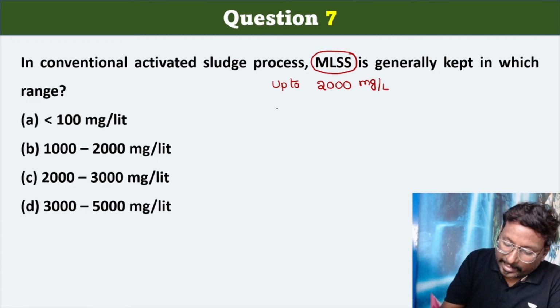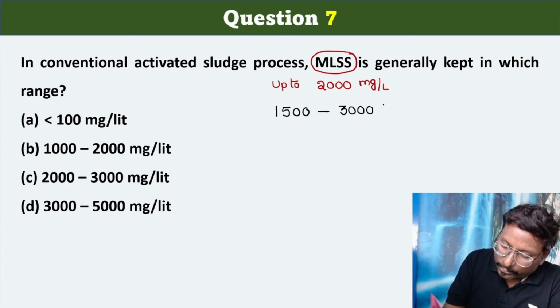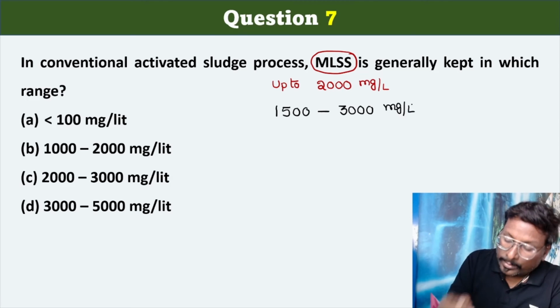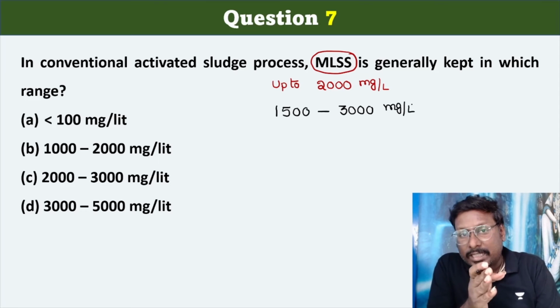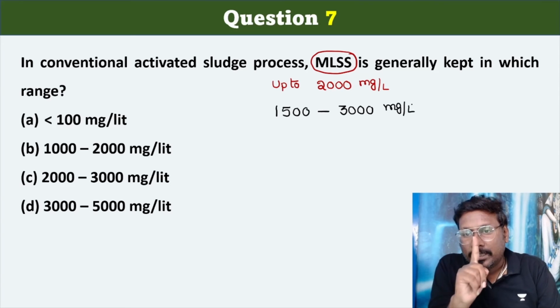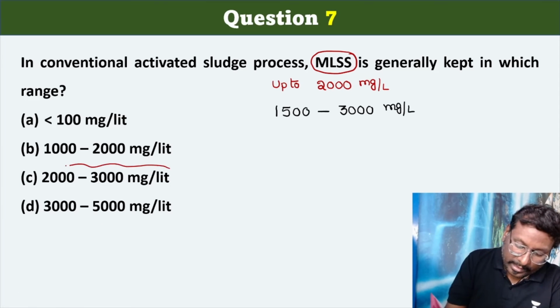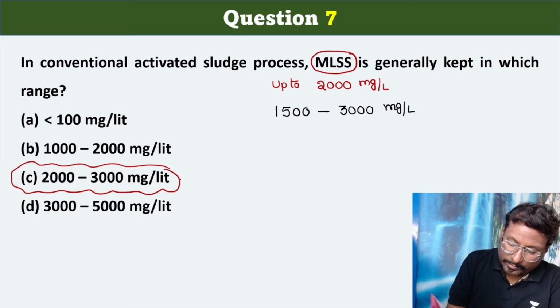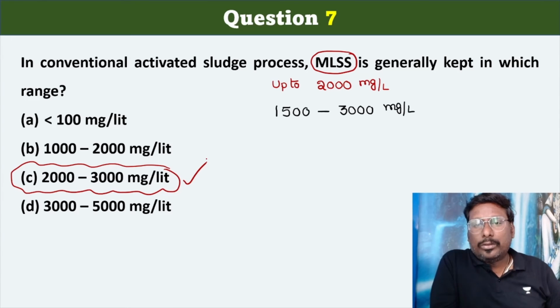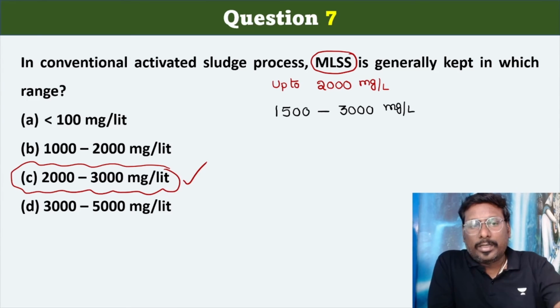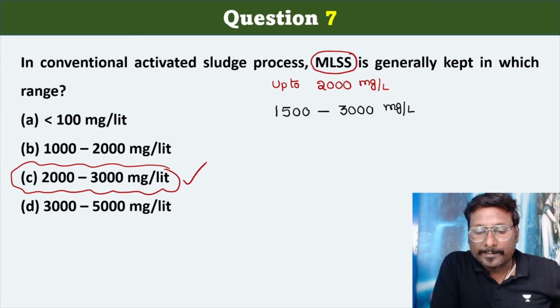If they are asking a range, we will take range 1500 to 3000 mg per liter. If it is a range answer, you take 1500 to 3000; single answer, 2000. So what is there, 1500 to 3000? That is in option C. Chalo.